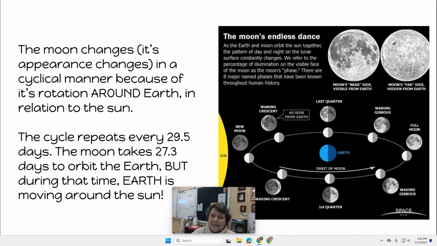The cycle repeats every 29.5 days, which might make you think that that's how long the moon takes to go around the Earth. And that's not true. I had to look this up. I didn't know this. The moon takes 27.3 days to orbit the Earth, but during that time, the Earth moves just enough so that the whole cycle needs 29.5 days. Okay, kind of interesting.